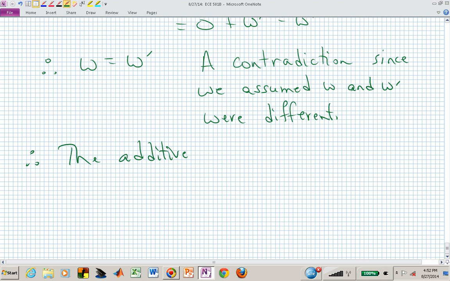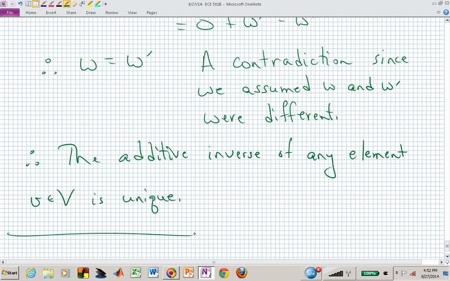Therefore, the additive inverse of any element V in our vector space is unique. And that's a proof of proposition 1.3.